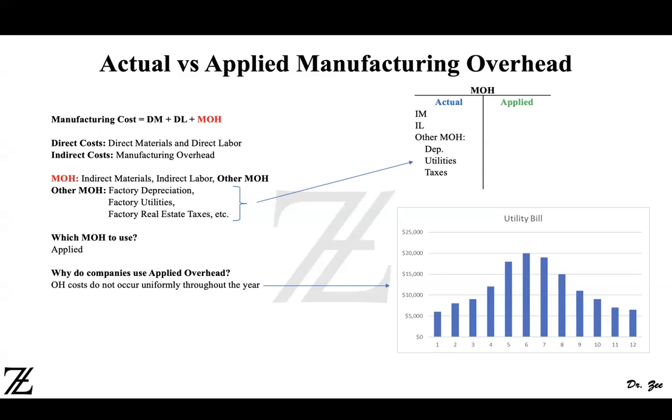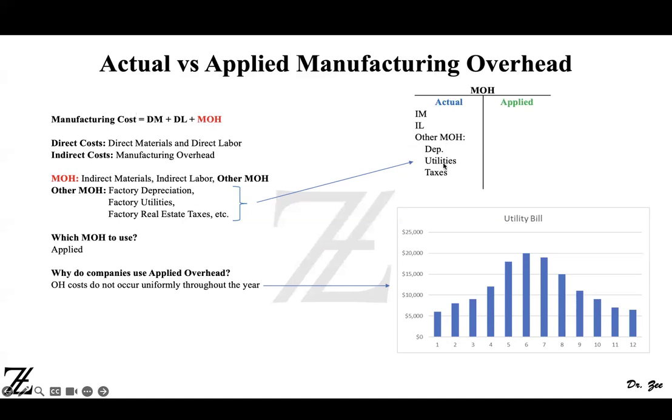The air conditioning cost may drive utility bills higher during the summer, which can affect your manufacturing overhead. So that means you're not going to have uniform manufacturing overhead throughout the year. If you don't have uniform MOH throughout the year, then during summer months your product cost may be higher, and during winter months your product cost may be lower, as MOH is a part of your manufacturing cost.